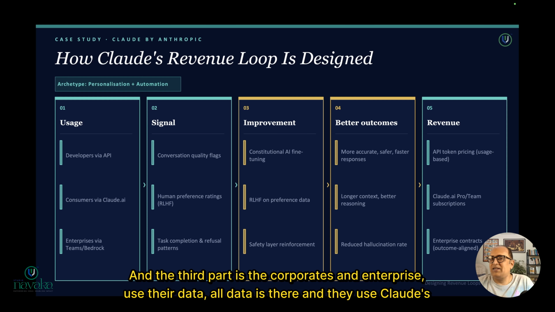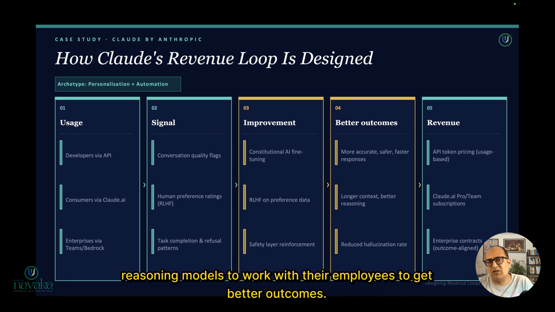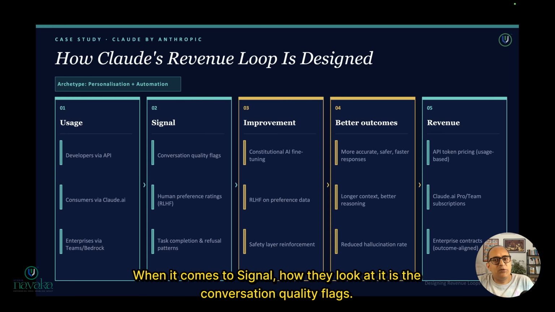And the third part is corporates and enterprises. They have all their data there, and they use Claude's reasoning models to work with their employees to get better outcomes. Now, when it comes to signal, how they look at it is the conversation quality flags.